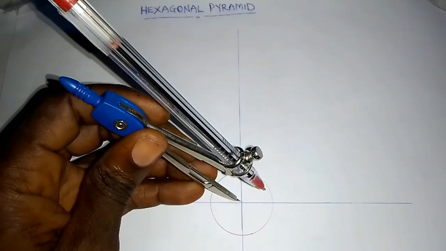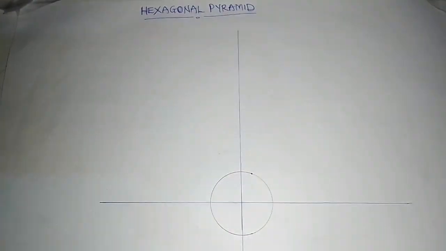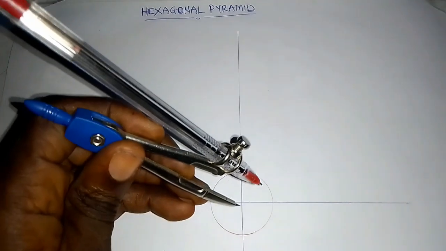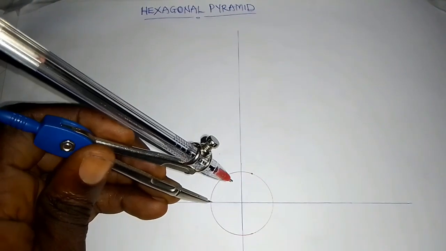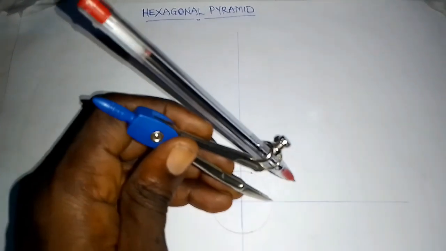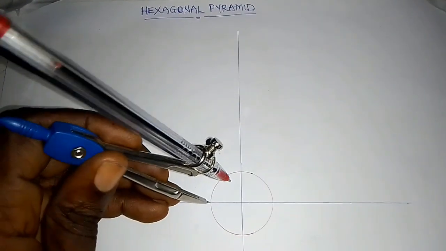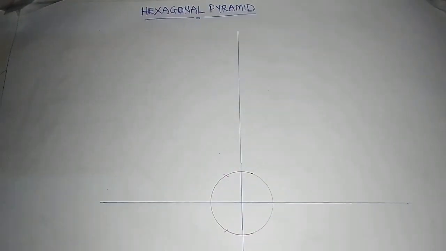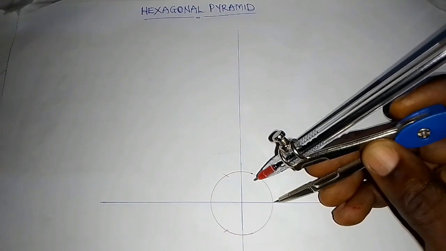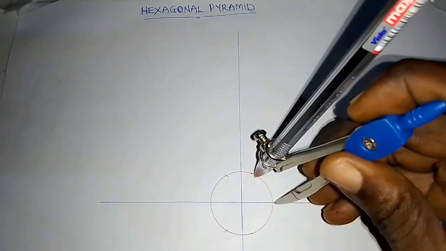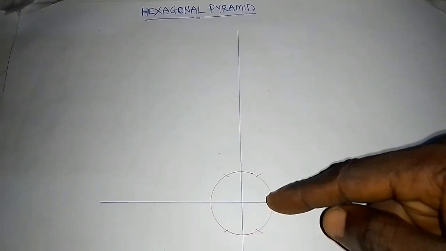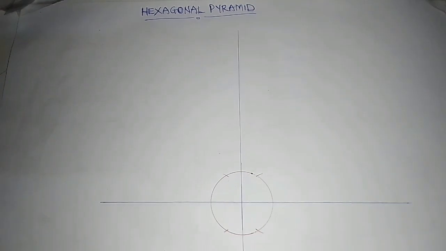With this same radius of 1.8, I'm going to use it to get our hexagon, placing at each of these points here. If I start with this point, strike an arc up and down, then at the other point here, strike an arc up and down. So by the time I join these points together, I'm going to be getting my hexagon.